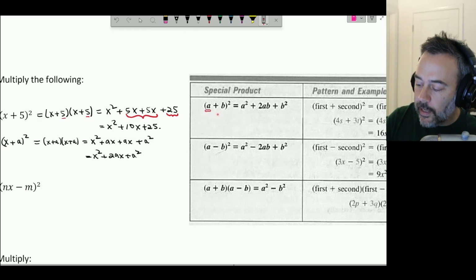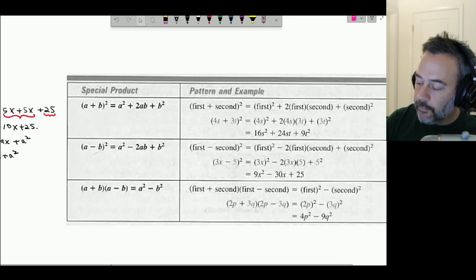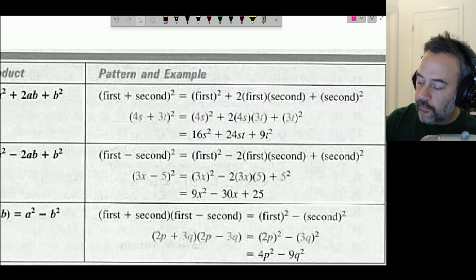The book does it with a and b, but you see you get the first thing squared plus 2 times the first times the second thing plus the second thing squared. My labeling is different, but it's the same idea. The book has examples. First squared plus 2 times the first times the second plus the second squared.